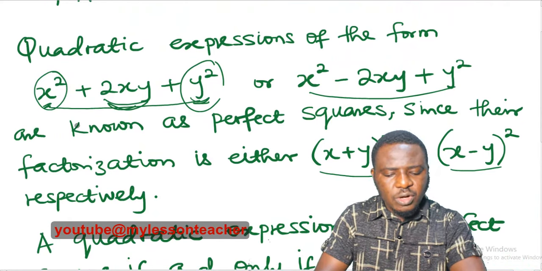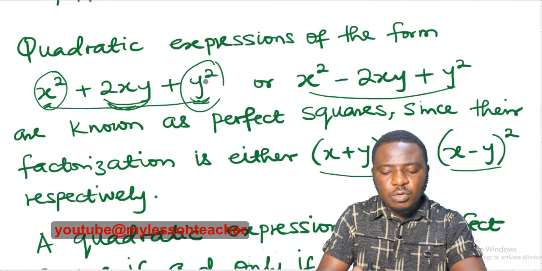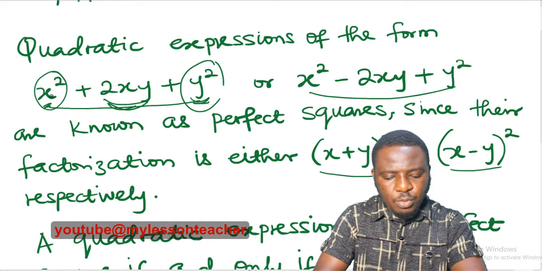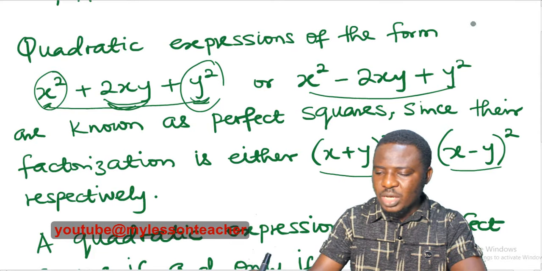That is to say, the square root of the product of the first term and the last term, multiplied by 2, must give the middle term. That is, what is the product of x squared and y squared? That gives us x squared y squared, or you can call it (xy) all squared.